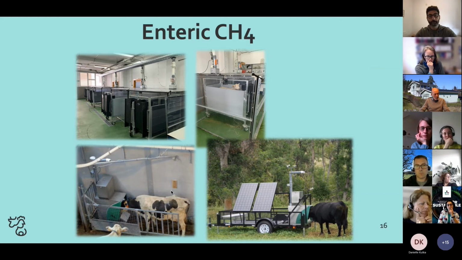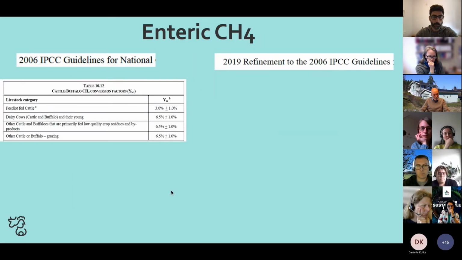And to illustrate the improvement that we have made in the last years, this is the table that was provided by the IPCC guidelines in 2006. So not that long ago, for a tier 2 emission factor. So the medium one, in which if we know the type of animal and the diet, we can estimate how much methane is produced.